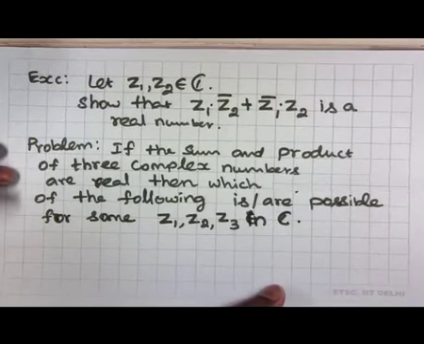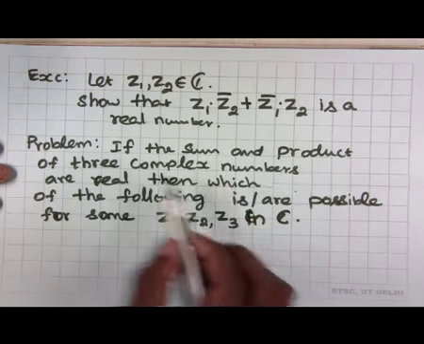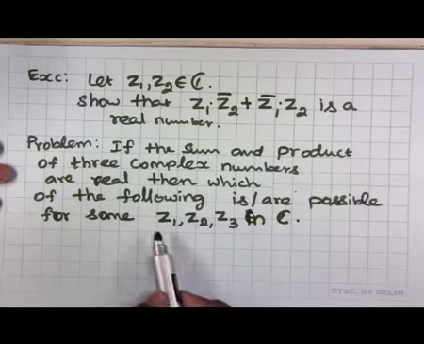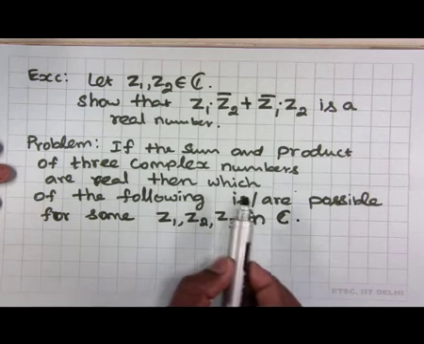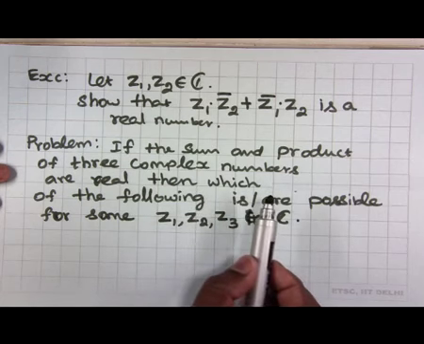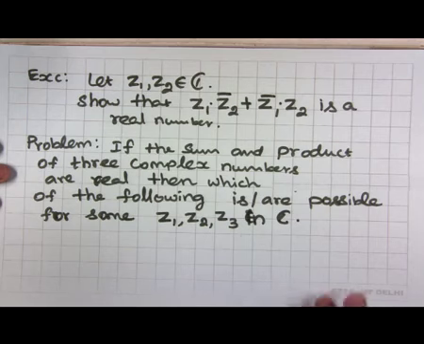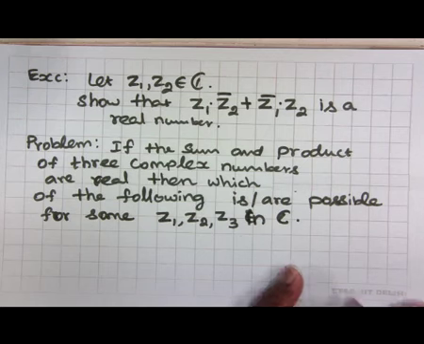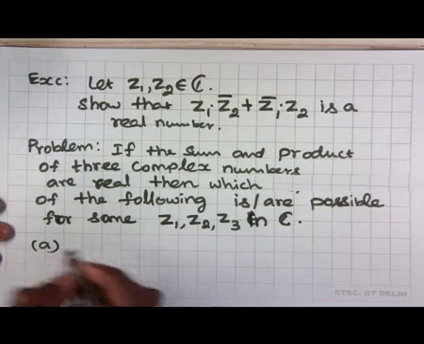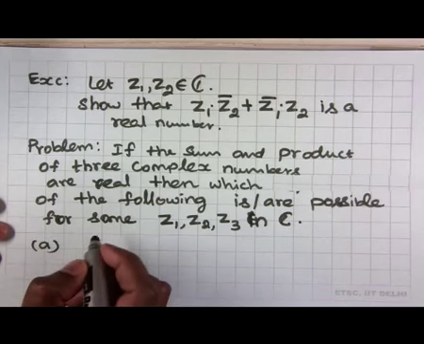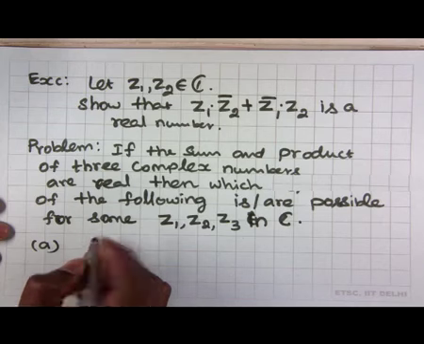So, what is given here? We are considering 3 complex numbers, their sum and product gives a real number. So, now our question is, which of the following is possible? First choice is exactly one of the 3 numbers is non-real.